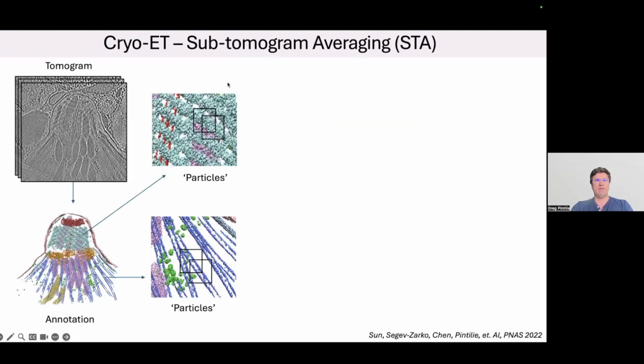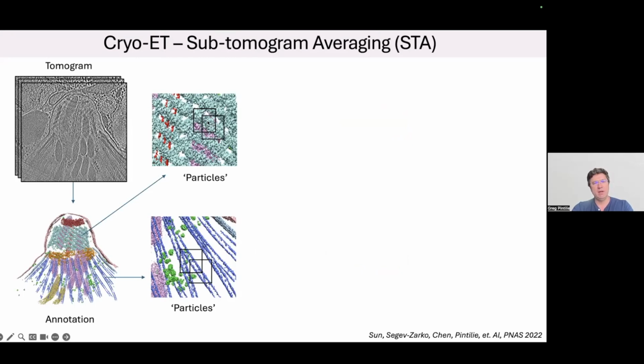Recently, sub-tomogram averaging has become more popular. So here, when you have a tomogram that's annotated, you can see various features, membranes, different cellular structures. Sometimes these structures can be repeating. So for example, we see these filaments that presumably have repeating units.